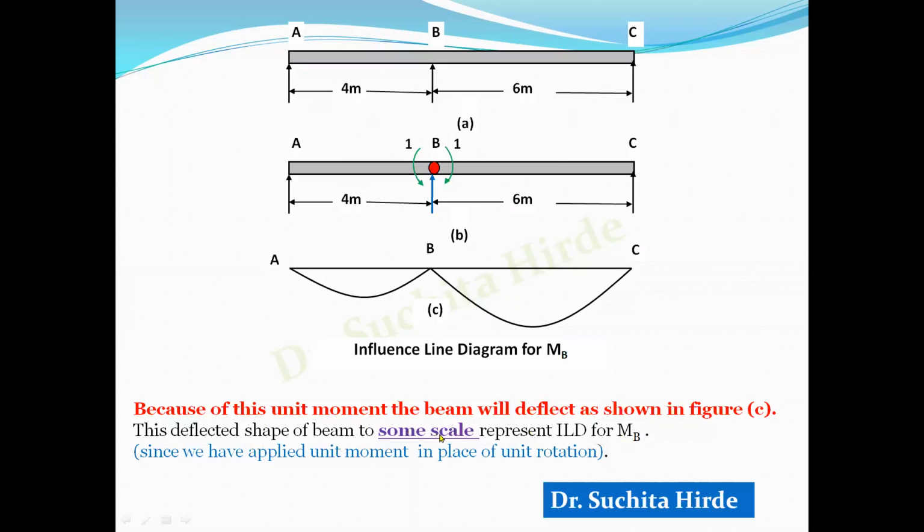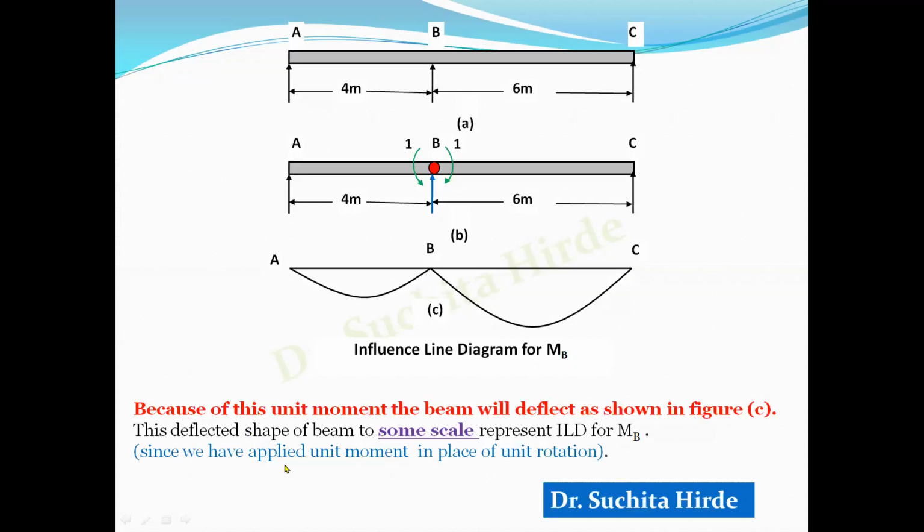Why to some scale? Because what Muller Breslau principle actually says is that you have to make rotation equal to 1. But we don't know what moment is required to make rotation equal to 1. Rotation means change in slope. So we have to make the change in slope here equal to 1. But initially we don't know what moment should be applied to make the change in slope equal to 1. Therefore we are applying unit moment.